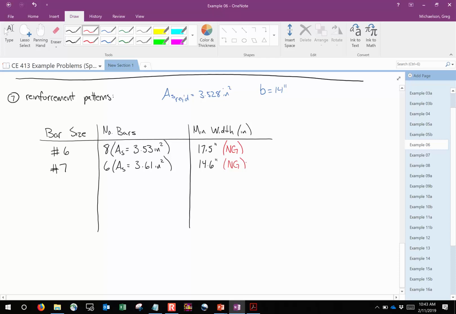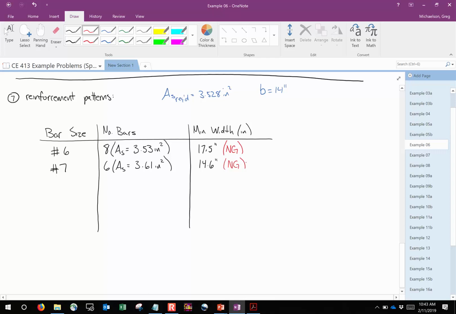Next one. If I were to use number 8s, how many bars would I use? 5 of them, okay? And so that's 3.93. If you were to use 5 number 8s, what would the required beam width be? 13.3.